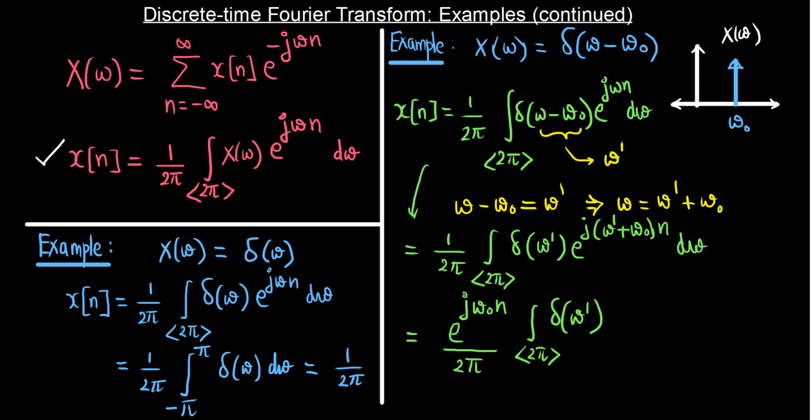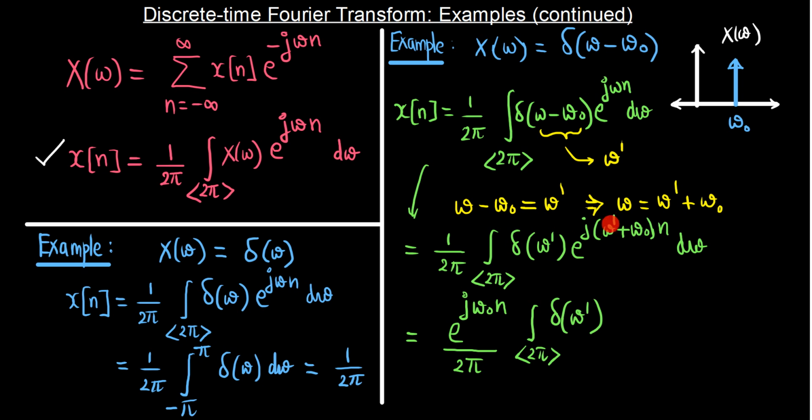and just because this omega dash e power j omega dash n is a signal again that is going to get multiplied with del of omega, we are going to get del of omega dash itself, just because this is the multiplication of an impulse with a signal, and we know what that is going to be. It is going to be the same impulse being scaled by the value of the signal that is located at omega dash equals 0.